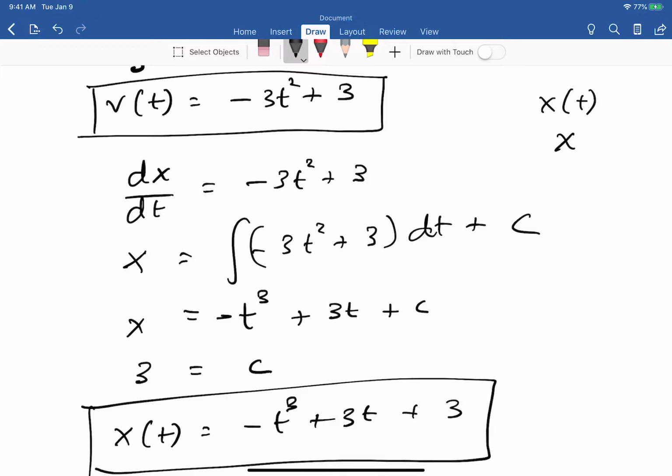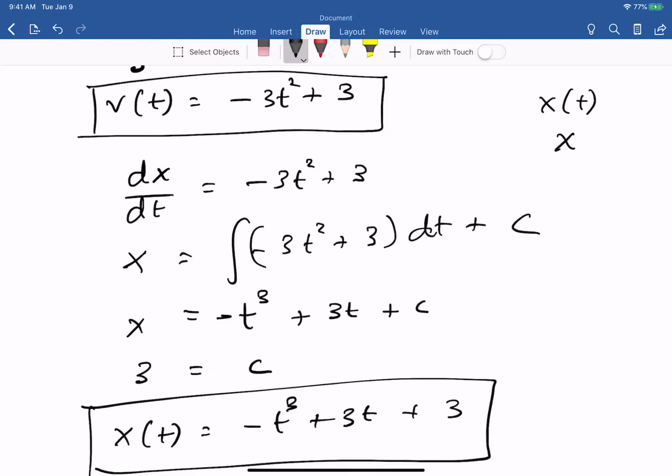If we are interested in where the particle was at t equals 107 seconds, all we have to do is plug in 107 and we would get x, the location of the particle at that time. And we would plug 107 into the velocity function and get how fast the particle is moving and in what direction at that time. Right? So we have fully specified the motion of the particle.